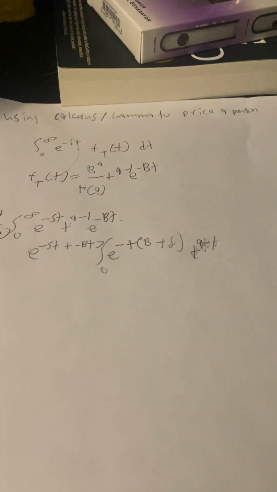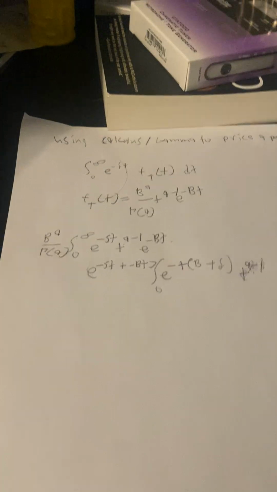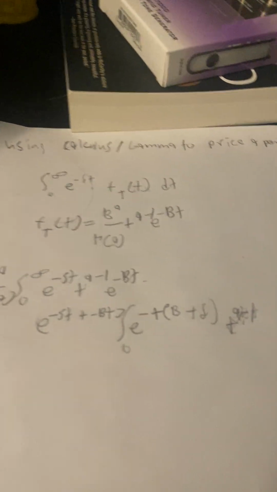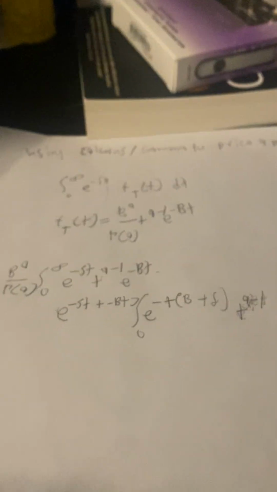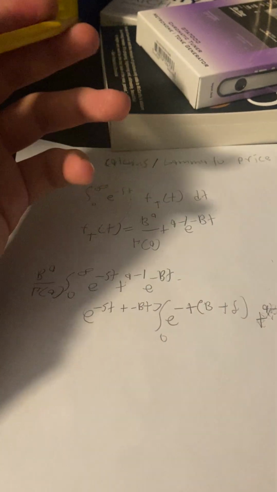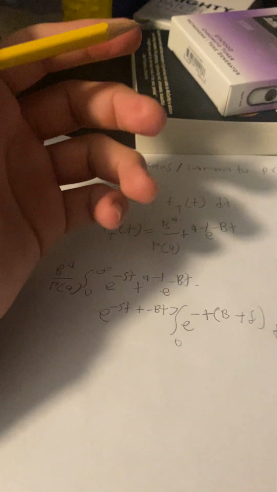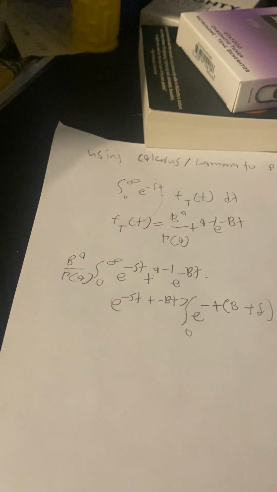So in this format, basically the formula for it is in the format of t to the n minus 1, e to the negative kt, where k is like the constant in the front. In this case it would be beta plus delta. So that would be considered a constant.